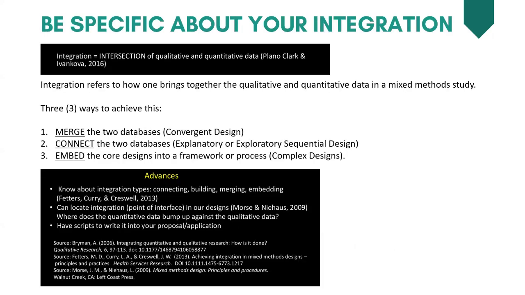Now, we need to be very specific about how we set up integration as well. Integration is about how we bring together the two types of data. And there are a few different ways. We either merge the data sets, we connect the data sets, or we embed them.